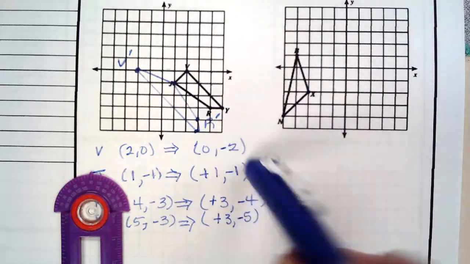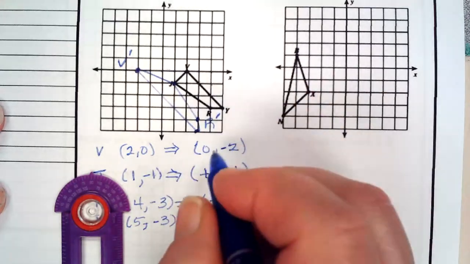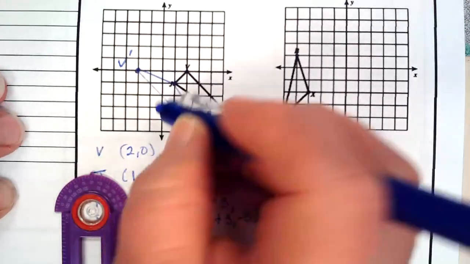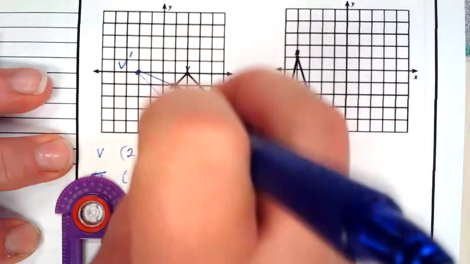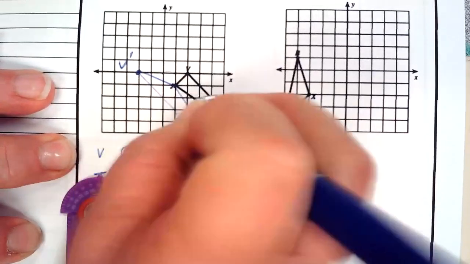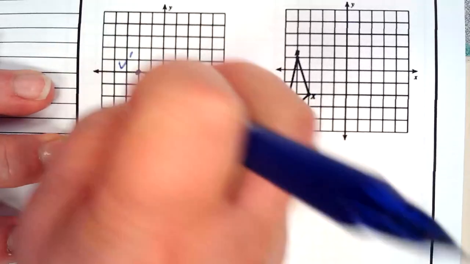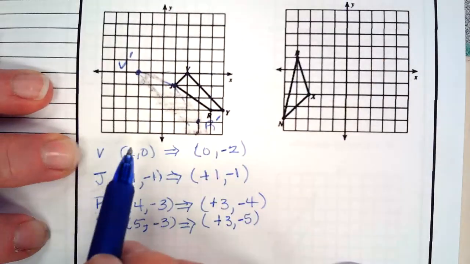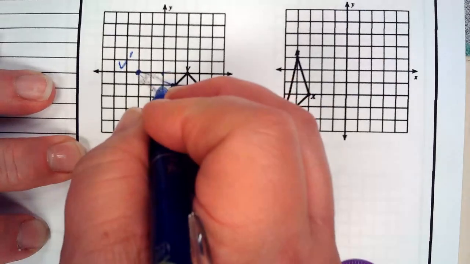Okay, did I graph this? Did I graph V correctly? This is 0, -2. So I need to go back and redo because it doesn't look right. Remember, if it doesn't look right, you need to check and see what's going on. So 2, 0 becomes 0, -2.